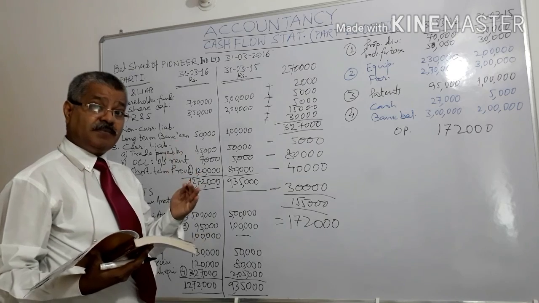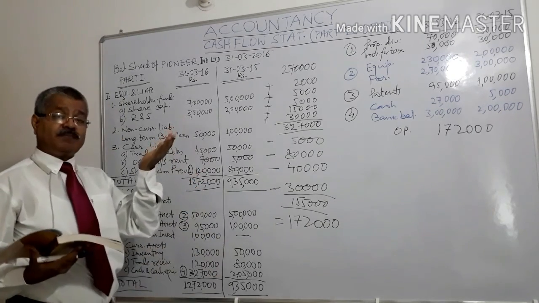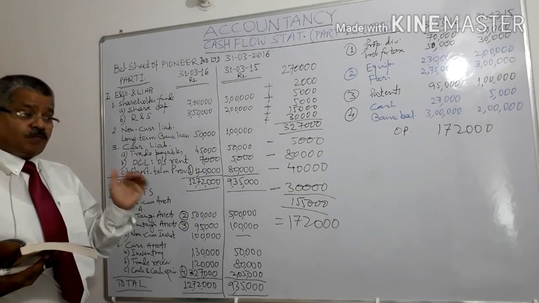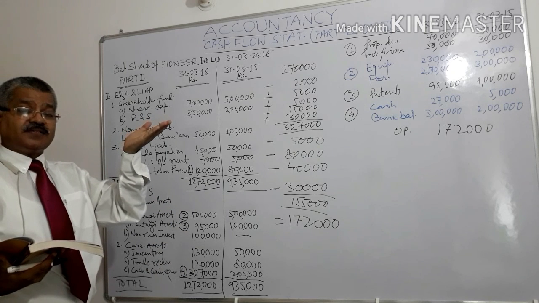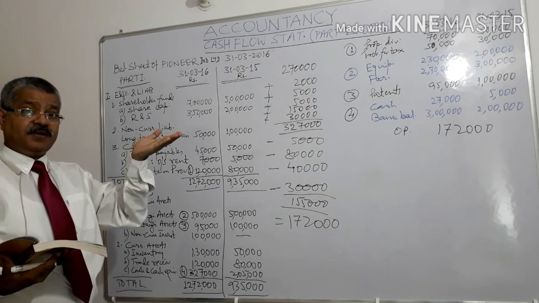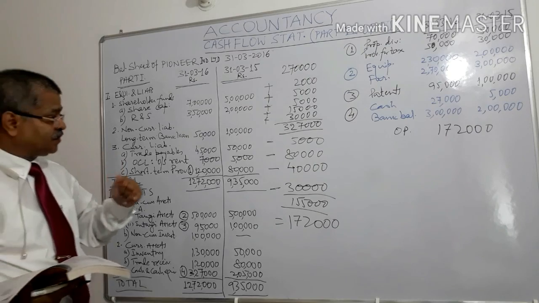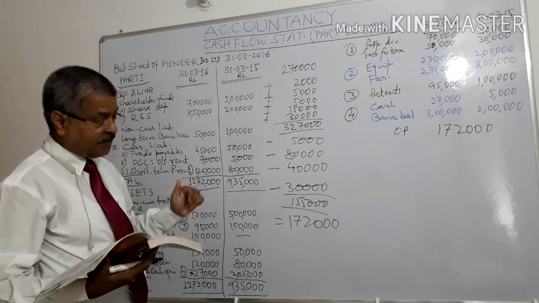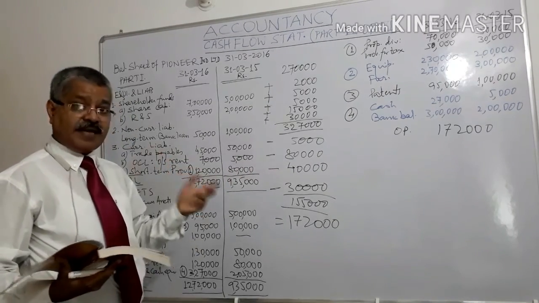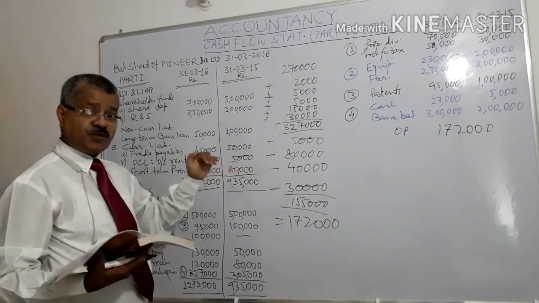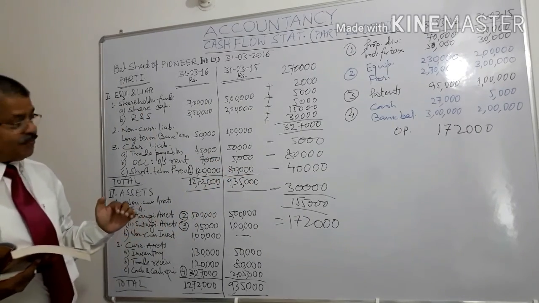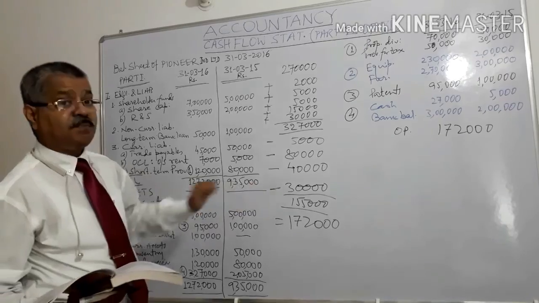Increase in trade receivables. If trade receivables have gone up, so we know when there is an increase in current assets, it results in use of cash. So it will be deducted. Increase in inventory, exactly like receivables, that also uses cash. And finally we deduct taxes paid.